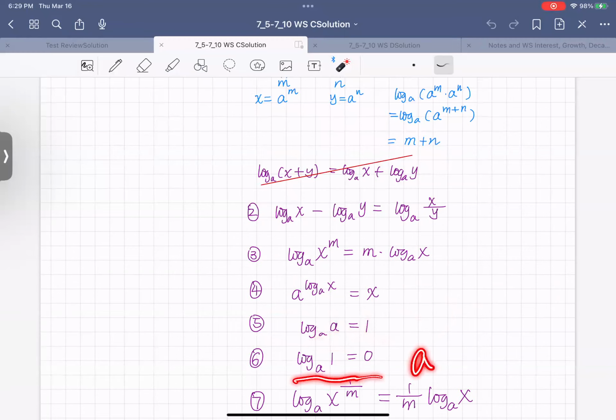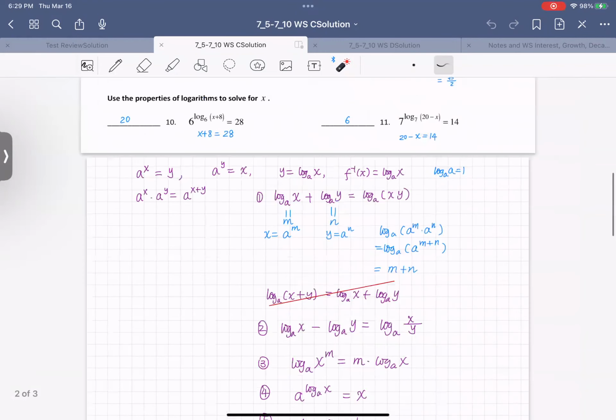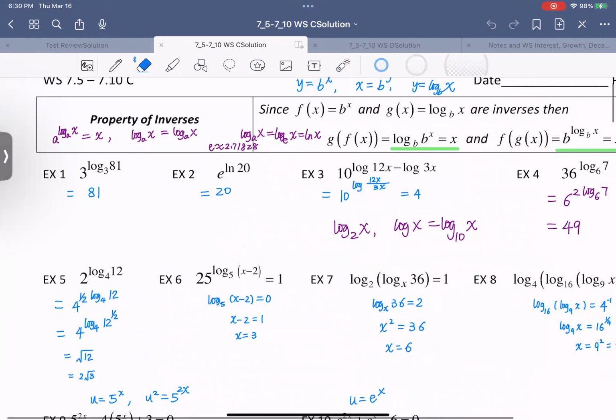This is saying a to the power 0 is 1. If you have this fraction, you can also put this one to the very beginning. These are the basic properties we learned last week. Now we can look at these questions.